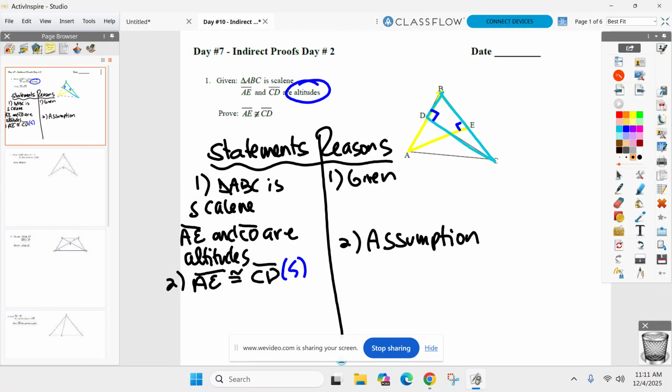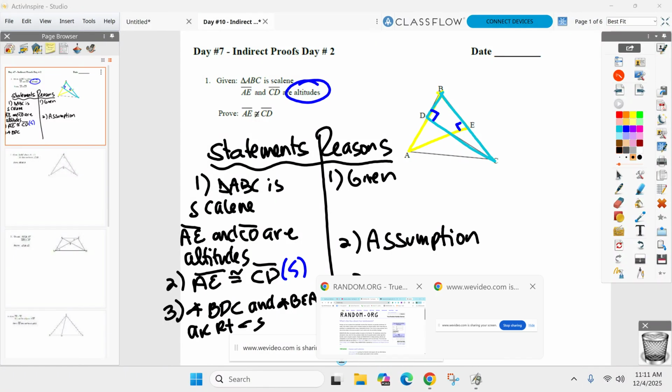Can we throw the right angles in there? We'll say they're right angles. Angle BDC and angle BEA are right angles. Watch yourself for the reason here.